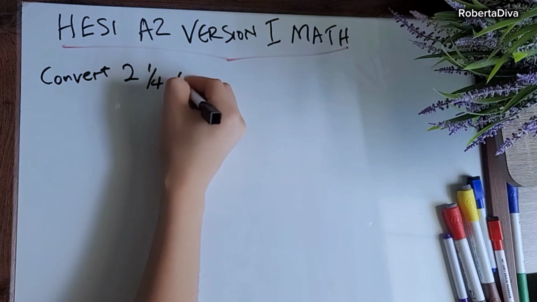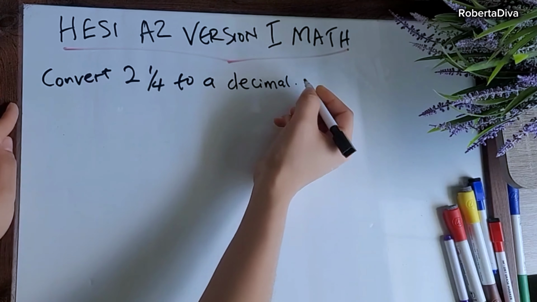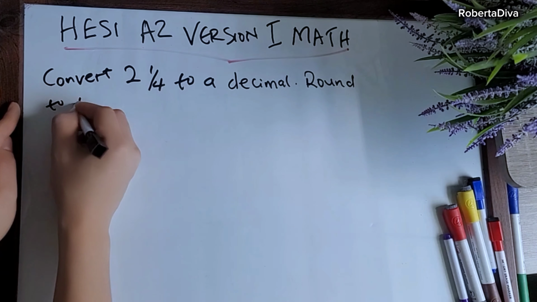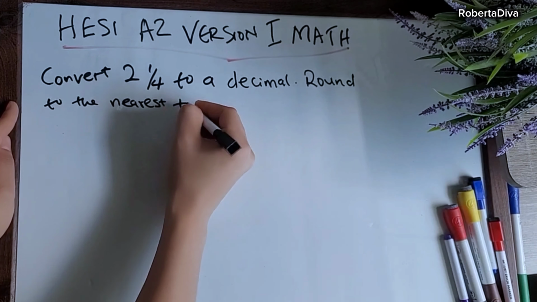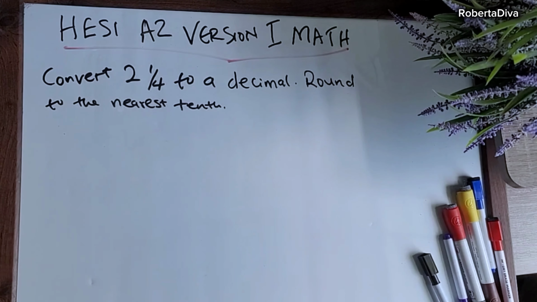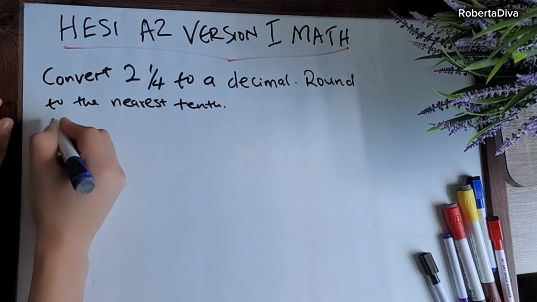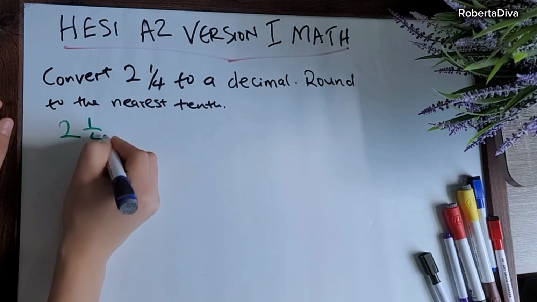The question says, convert 2 whole number 1 over 4 to a decimal. Round to the nearest tenth. When you see a question like this, guys, remember, you have to look at the fraction of the question first.